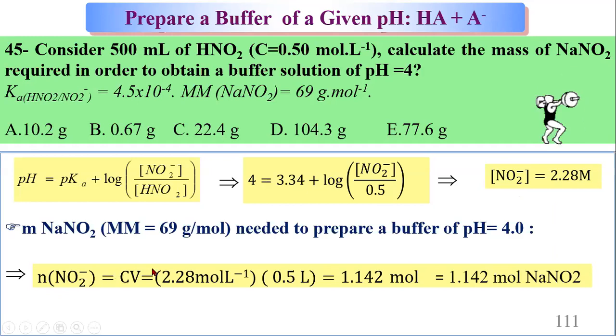That's concentration times volume. Now you need the volume in liters because you want the number of moles. So you would multiply this concentration by volume, get the number of moles of the NO2 minus. And of course, the number of moles of NO2 minus is equal to the number of moles of sodium NO2 because it's a 1-to-1 ratio.